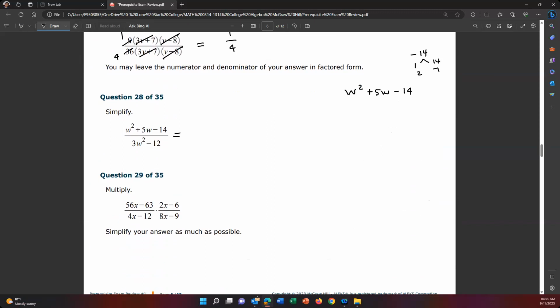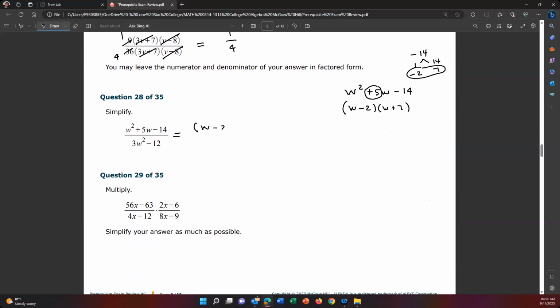The sum of the terms must be equal to 5. The only way to do that is to have 7 minus 2. That is the only way to get a 5. So this factors quickly to w minus 2, w plus 7.